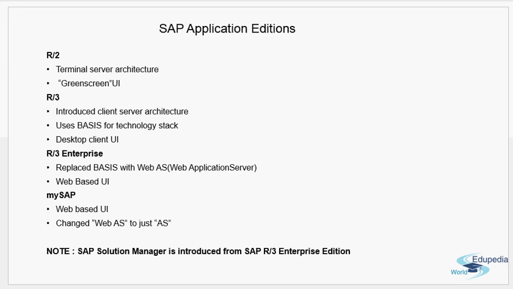So, the SAP application editions. We have seen earlier that initially SAP started with real-time data processing, then came R2, R3 and mySAP.com. The first one is R2. R stands for real-time data processing.